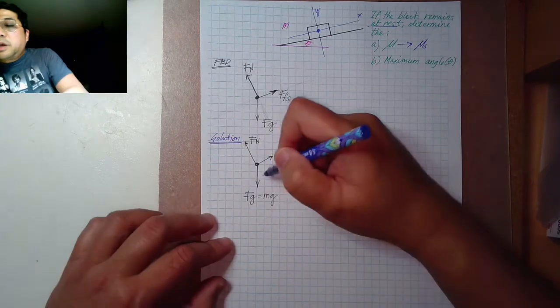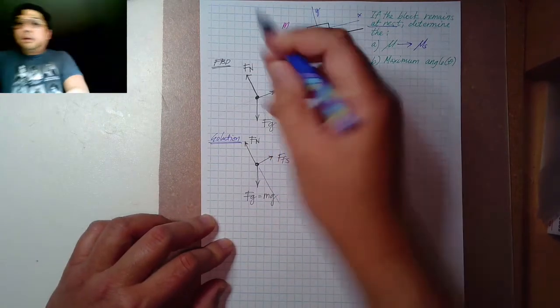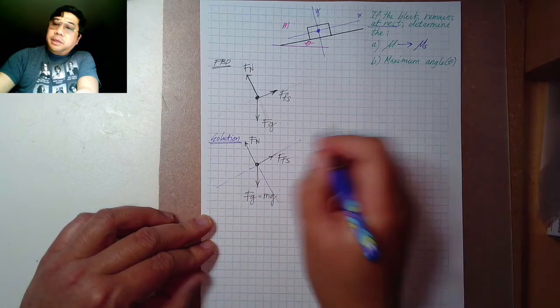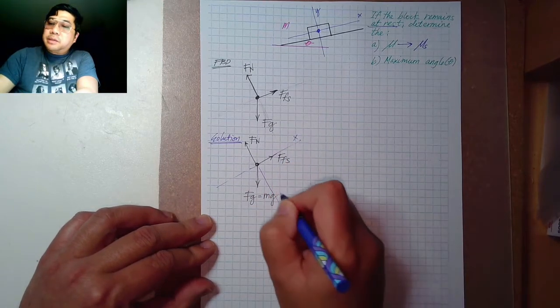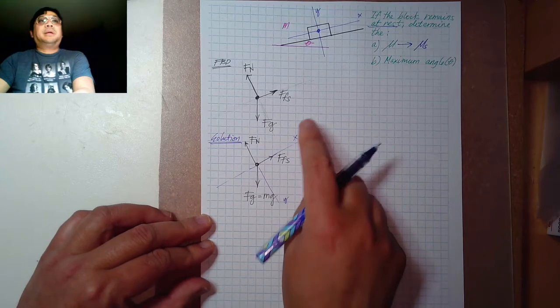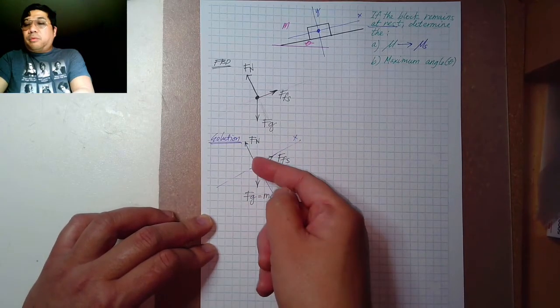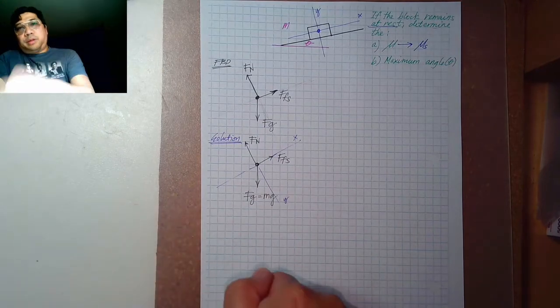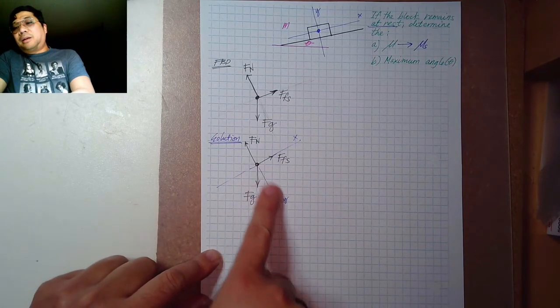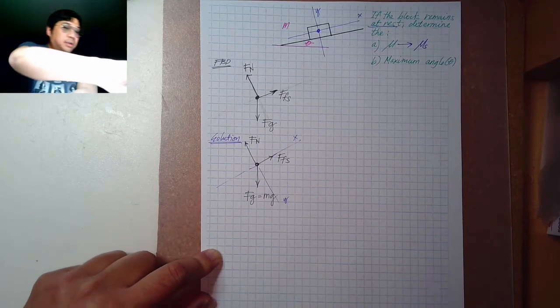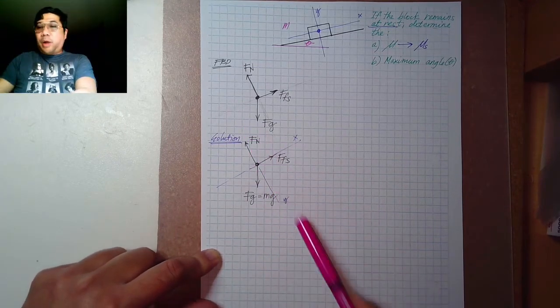Now, just for the sake of easier viewing, I'm going to extend this and call this one our x-axis and this our y-axis. If you notice, our force of gravity is moving downward, not along the y-axis, but at an angle measured away from the y-axis.